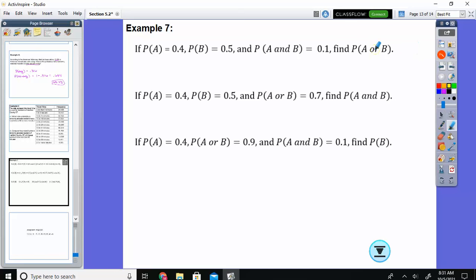When I do these, what I recommend is writing out the formula. So the probability of A or B. If you're looking on your formula sheet, that's your probability of E or F on here. It's the probability of the first one plus the probability of the second one minus the probability of both.